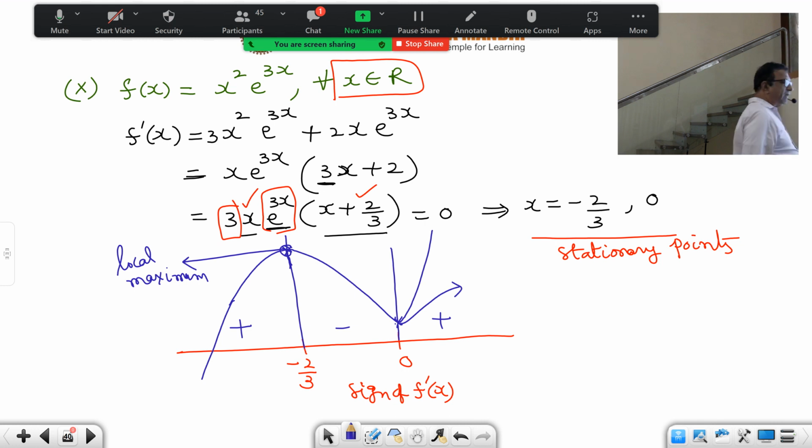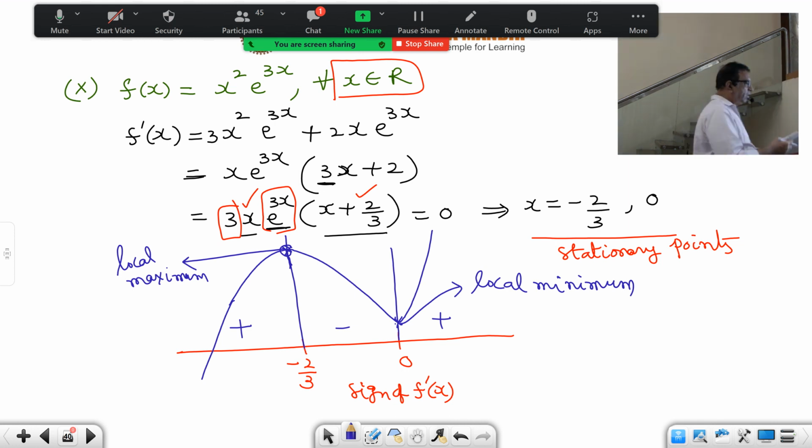At 0 from the graph, can you tell? Local minimum, sir. Local minimum. So you can write the answer like this. x is equal to minus 2 by 3 is a point of local maximum. x is equal to 0 is a point of local minimum.